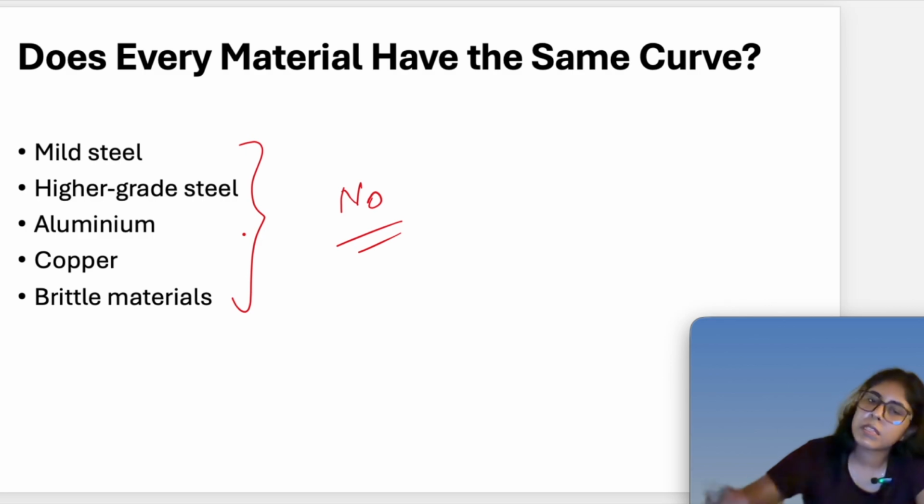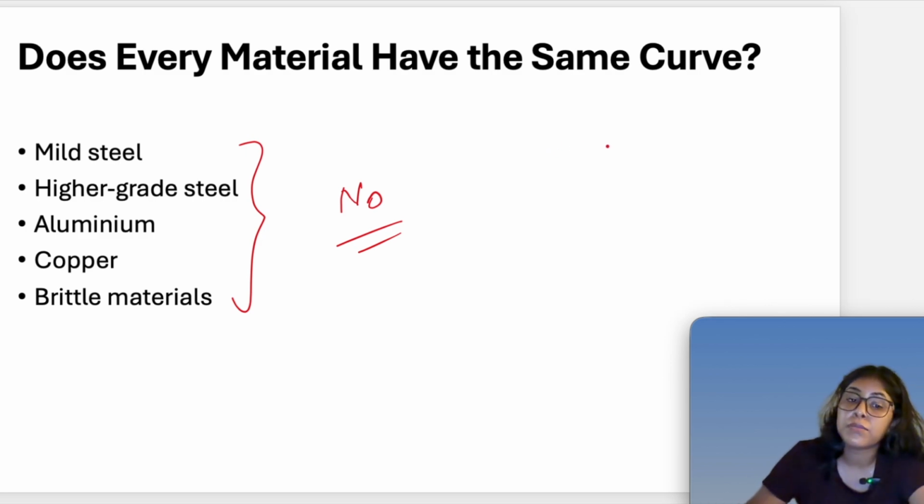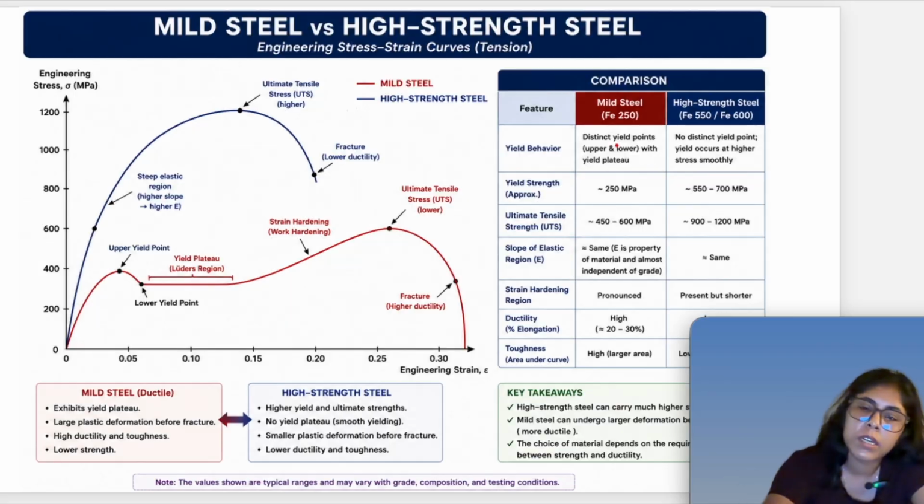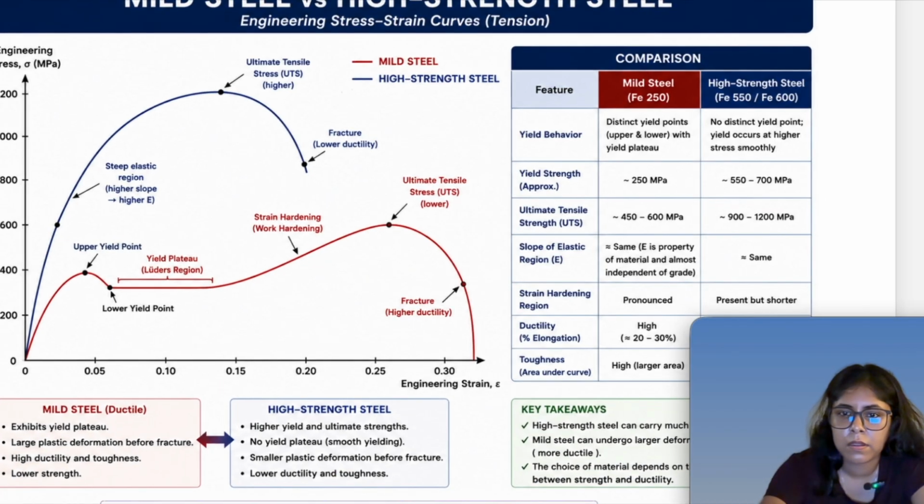Basically, we can simply say it's a fingerprint of material behavior, how the materials are behaving. So let's say mild steel versus high strength steel. You can see the red one is the mild steel curve, and the blue one is for high strength steel.